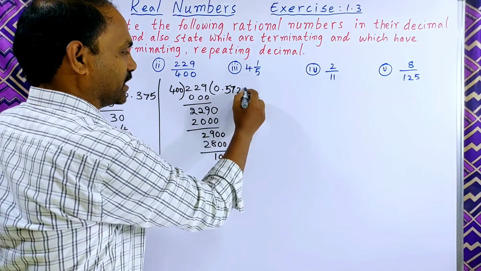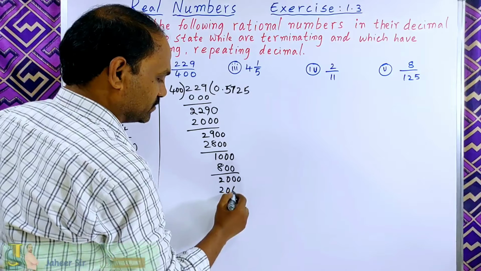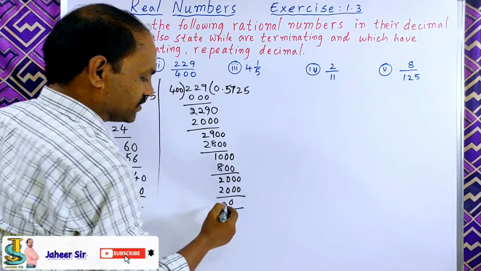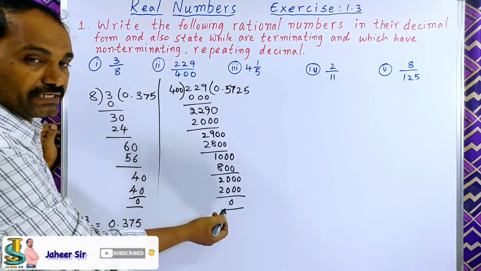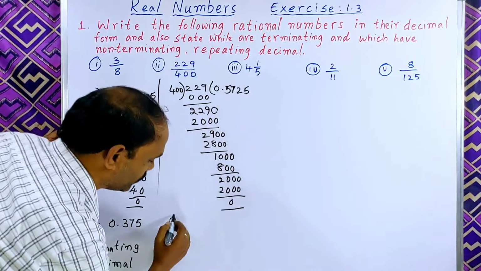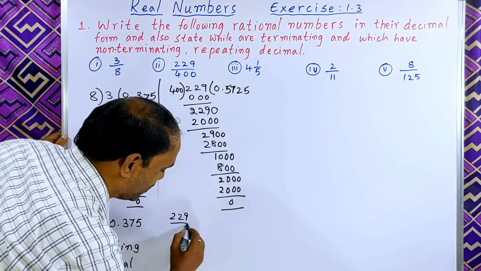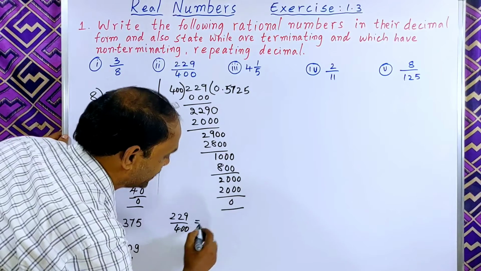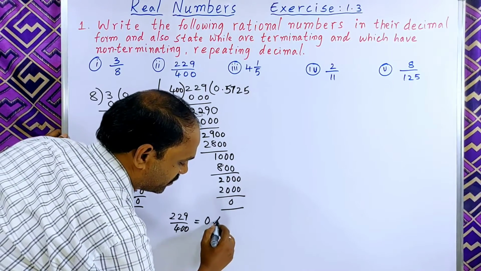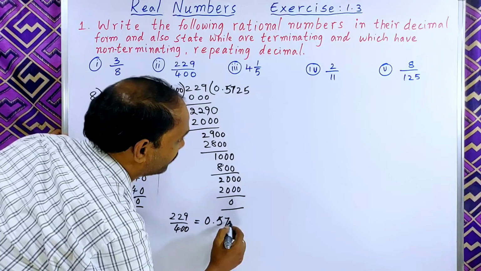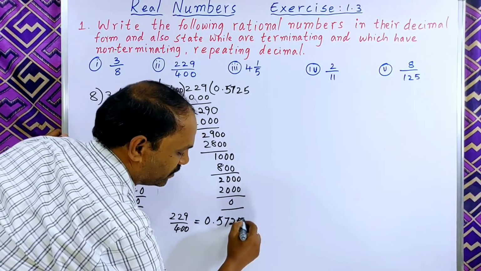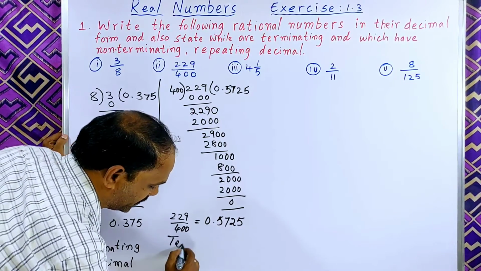Then 4 5s again 20. So this one also ends here only, the remainder is 0. That's why 229 by 400 can be written in decimal form as 0.5725. That's why this one is a terminating decimal.